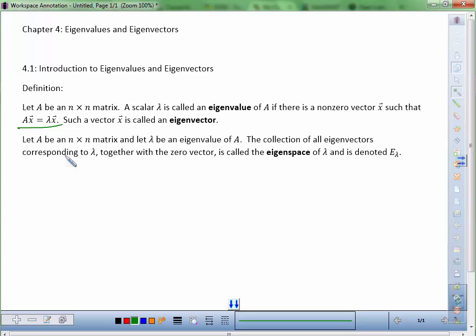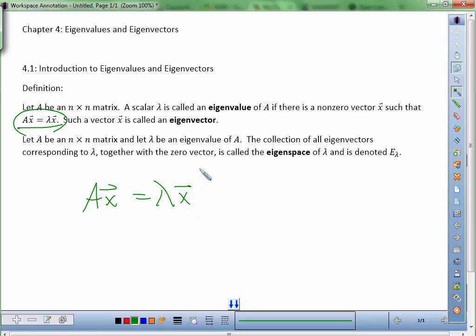So the best way to talk more about this is just to do a bunch of examples. And I do want to take this equation and have you realize that the lambda is just a scalar, a number.